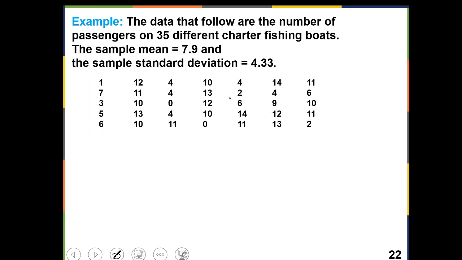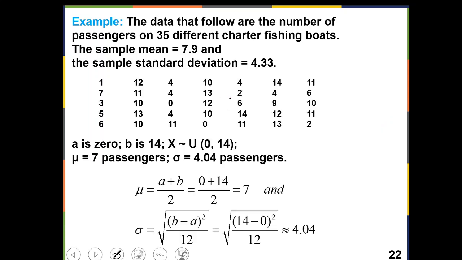Okay, so let's calculate those. To calculate it, first of all, we put it in proper notation. And then the mu is 7, of course, because 0 plus 14 divided by 2 is 7. So that's in theory. But in practice, when you add these and divide by the number of numbers, which is 35, we get 7.9.